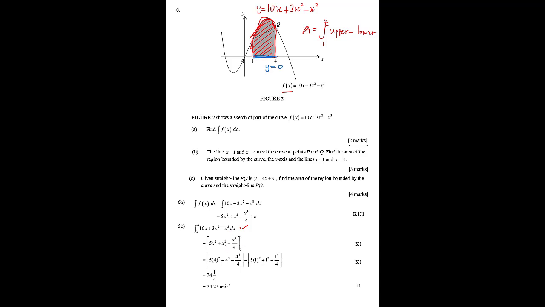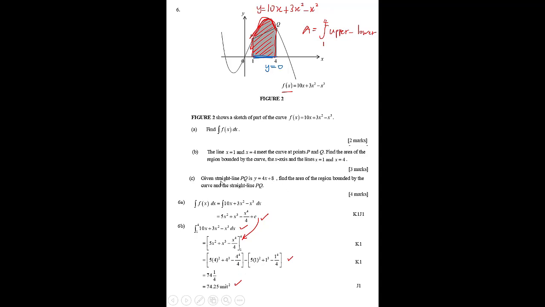Then you integrate, since the function is the same as the previous question, so you can use your answer from the previous question. Then you substitute the upper limit, and minus the substitution of the lower limit. Then you calculate the value.